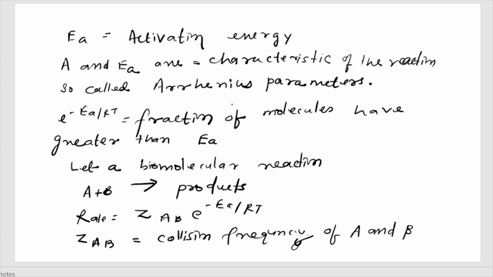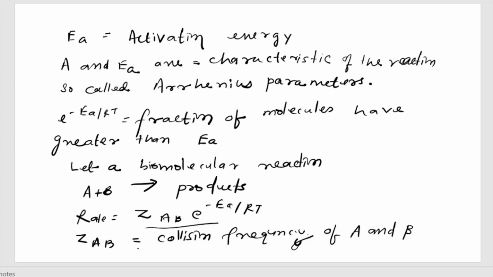Let a bimolecular reaction A plus B give product. Then rate equals Z_AB e to the power minus Ea by RT. This is a new equation following the Arrhenius equation. Here Z_AB is the collision frequency of A and B, because it is a bimolecular reaction, and A and B are the reactants.